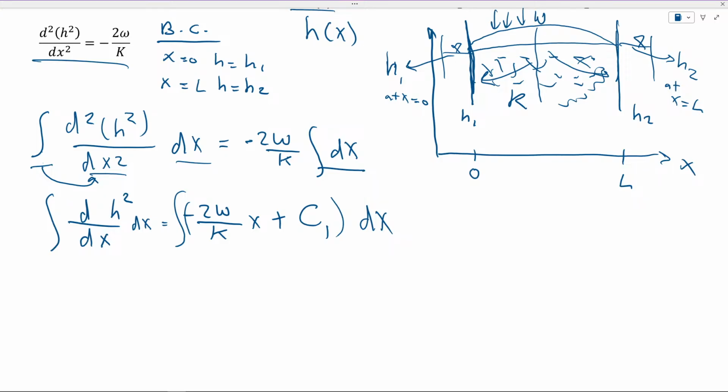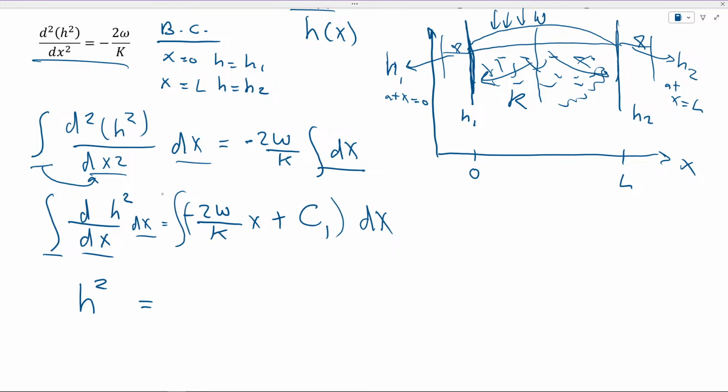So again, similar here, these two will reverse each other. So all these will get rid of one another, yeah? Oh, sorry for this mess. So this will reverse this. So what do you get here? You get h squared. And what do you get here?